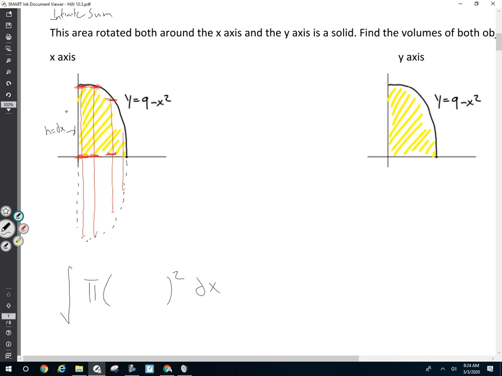The radius is the height, the y-coordinate, which is coming from a function of x's. So I got 9 minus x squared. I need to go from a left coordinate to a right coordinate, so it's definitely 0. On the right coordinate, I need to set 9 minus x squared equal to 0. I get x equals 3. Okay.